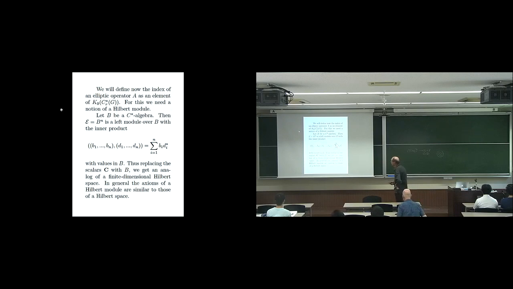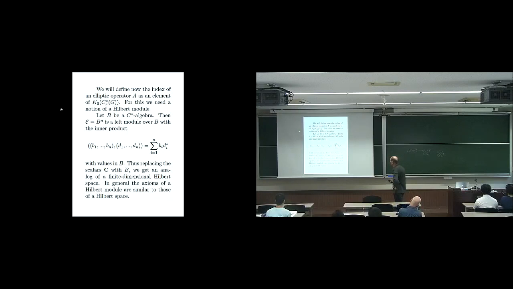Okay, now we need a certain tool which is called a Hilbert module. If B is a C*-algebra, then let's consider this example. We take the sequences of elements of B of length n, and we take this product, which is called an inner product.